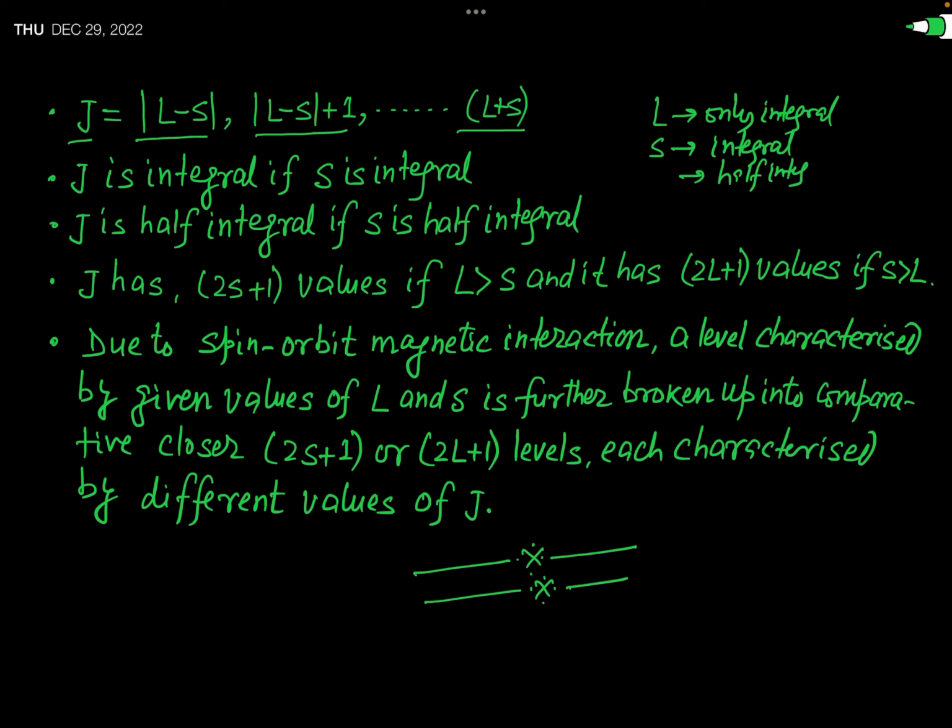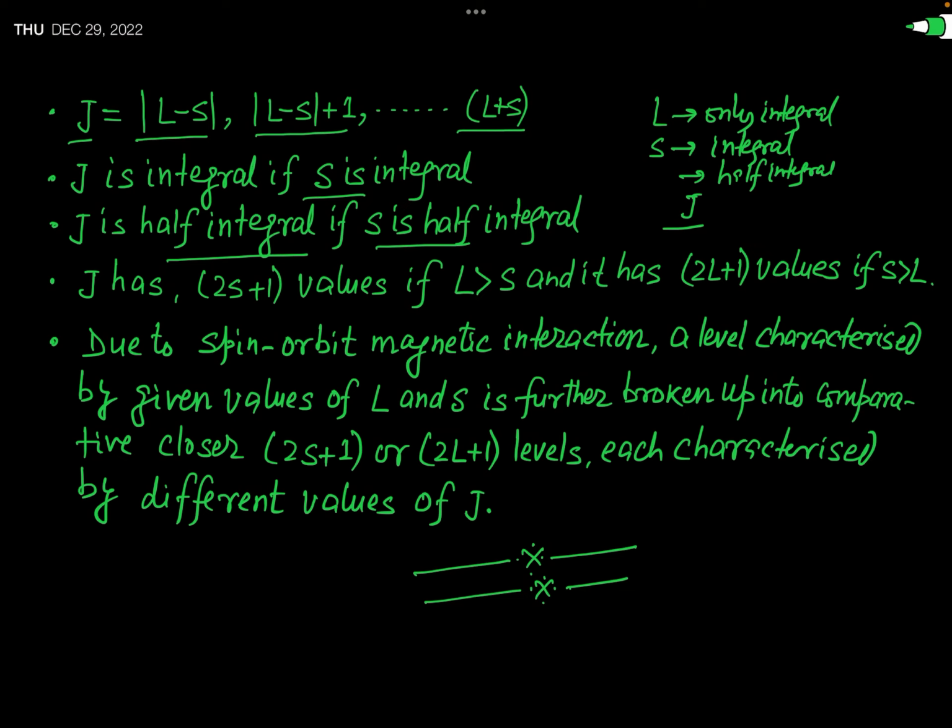So you can see that the total quantum number J may have integral value and half integral value, because L is always integral. When S has integral value, then L plus S or L minus S will also be integral. So J is integral if S is integral, and J is half integral if S is half integral. It is common.